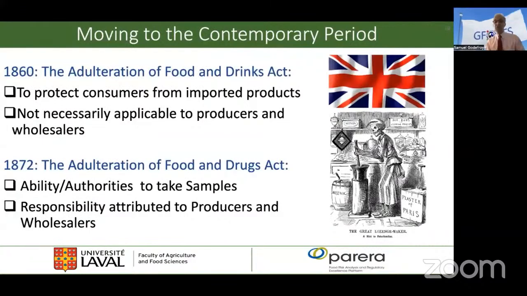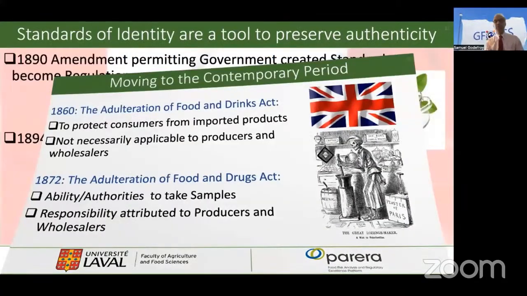Now, moving forward to contemporary periods, 1860 with the Adulteration of Food and Drinks Act in the UK and in the British Empire, with the intent essentially to protect consumers from imported products, and mostly focusing on wholesalers. In 1872, we've seen the introduction of the Adulteration of Food and Drugs Act, with an authority given to regulators to take samples, and also with the attribution of responsibility to producers and wholesalers in the way these incidents are to be managed.